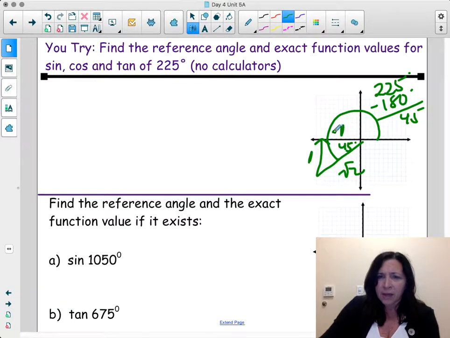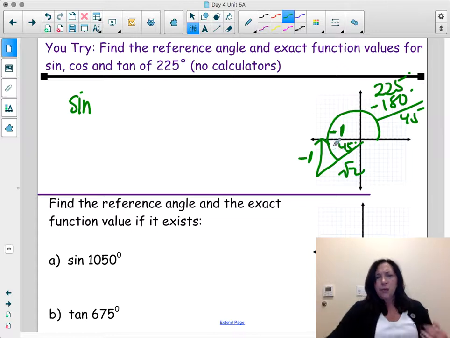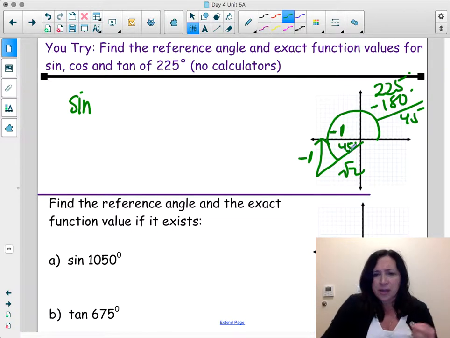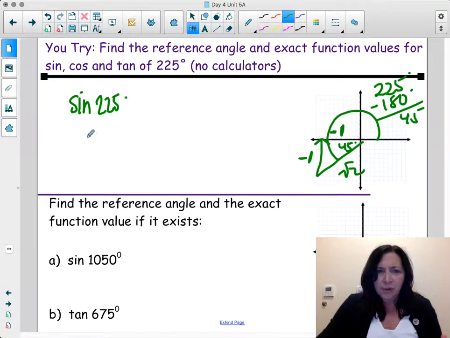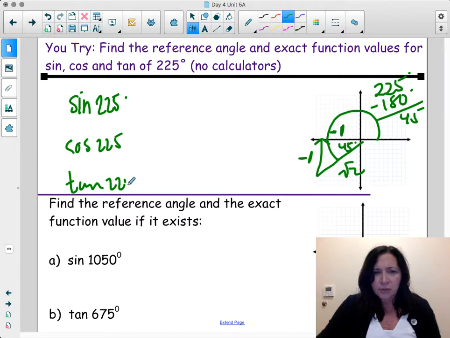Don't forget your negative signs, okay? So sine, cosine, and tangent. By the way, when you write this out, you don't write sine of 45 degrees because that would be in the first quadrant. Remember, this is going to be sine of 225 degrees, cosine of 225 degrees, and tangent of 225.